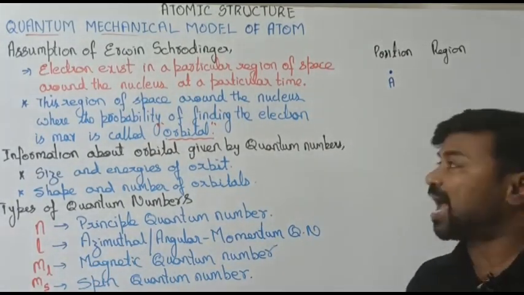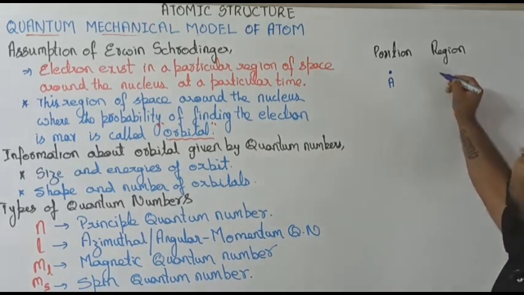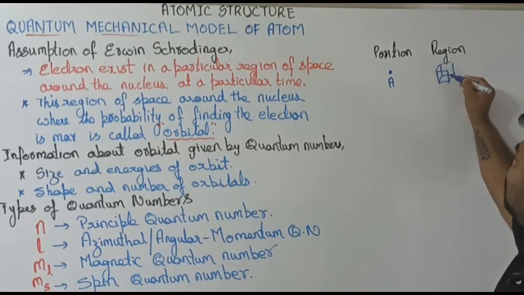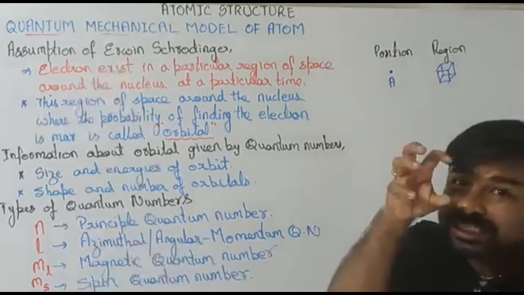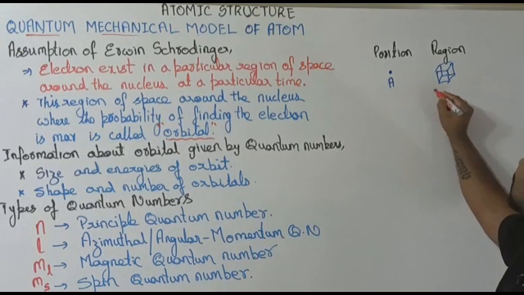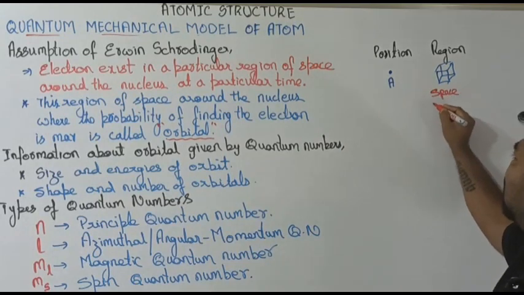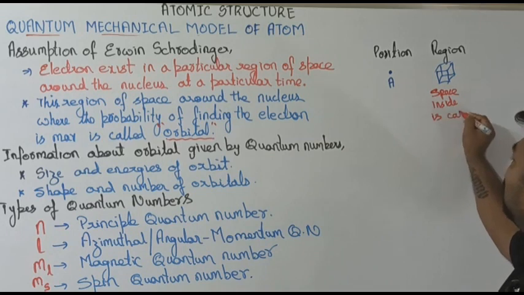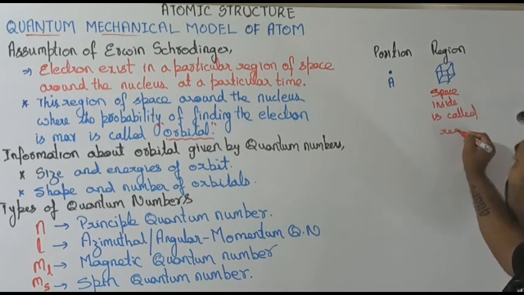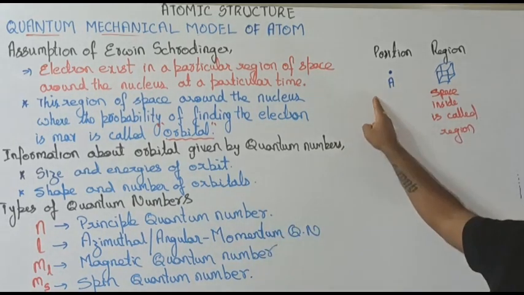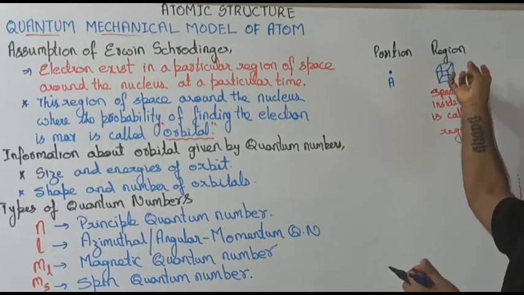Instead of that, if you take any three-dimensional picture, the space inside is called a region. We should know the difference between position and region.